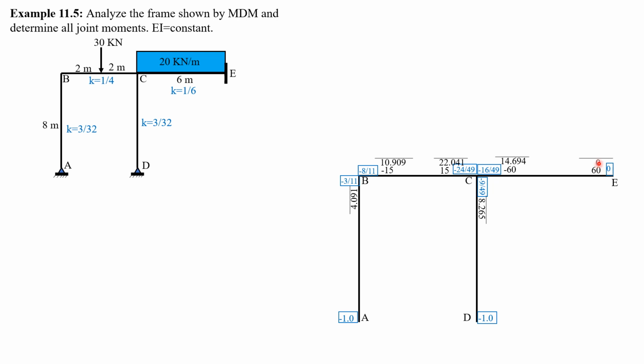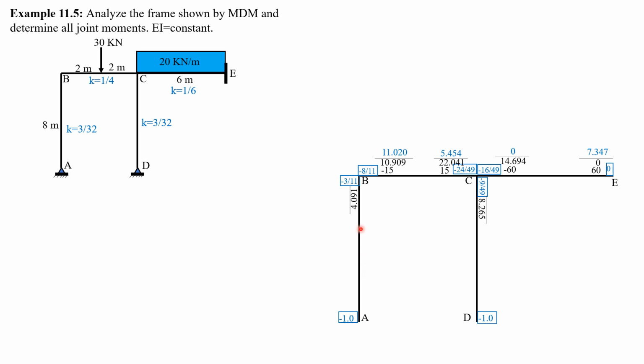So the carry over, half of 0 is 0. Then half of 14.694 here. Half of 22.041, 11.02, half of 10.909 here. Don't mind this because there are no loads here, no moments to be distributed.